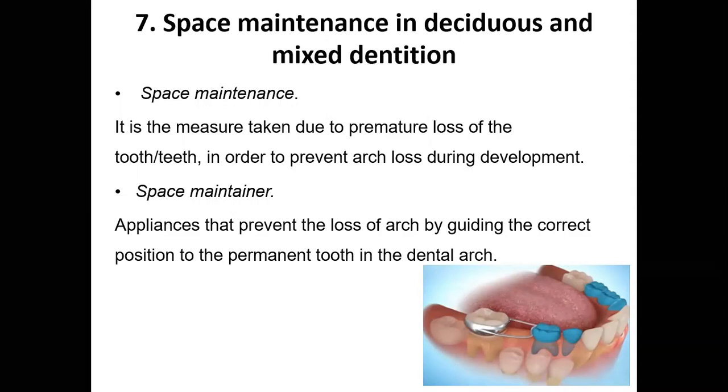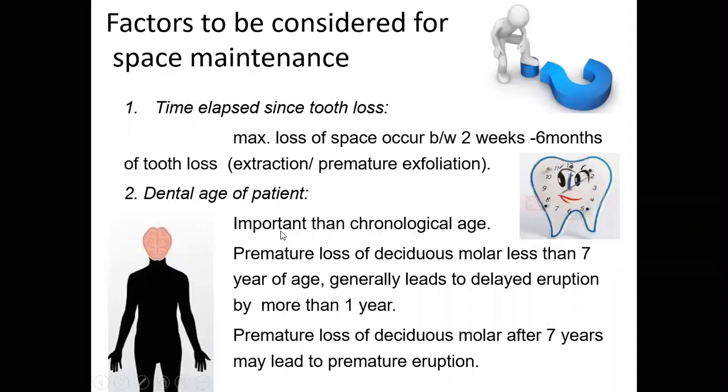Here we talked about if we need to maintain a space, or due to early exfoliation of a tooth, we are going to give a space maintainer appliance. So I'm going to talk about space maintainer appliance in detail over here, that is, when to give a space maintainer.